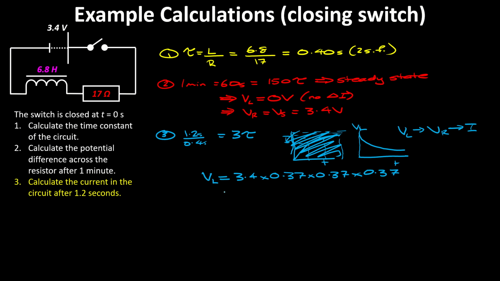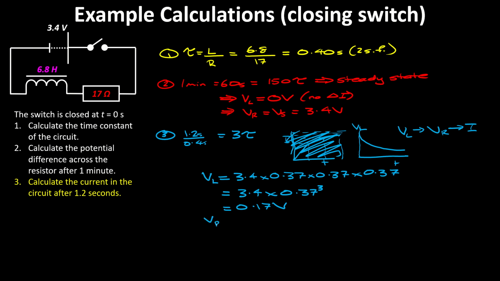Which I can write as 3.4 times 0.37 cubed. Let me just get my calculator. 0.37 cubed is 0.17 volts. That's the inductor voltage at that time.